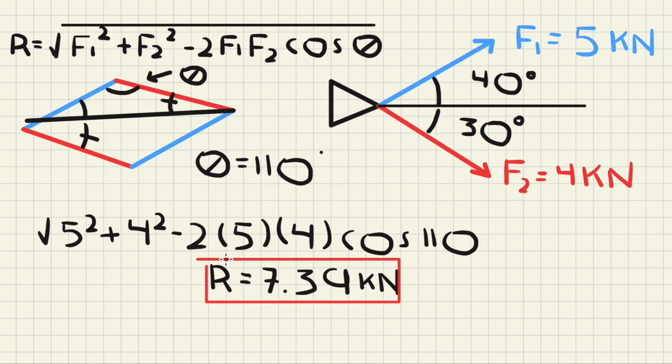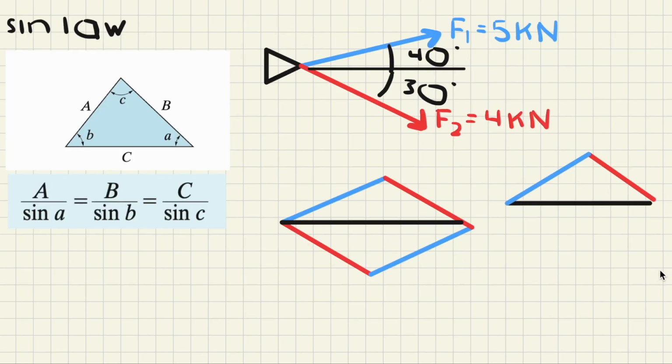So, given this, how would we find the angle of the resultant force? Because this is a vector quantity, we need to know its magnitude and its direction. So how would we find its direction? To find the resultant angle, we're going to use something called sine law. As you can see, I've put this little diagram and equation here for you.